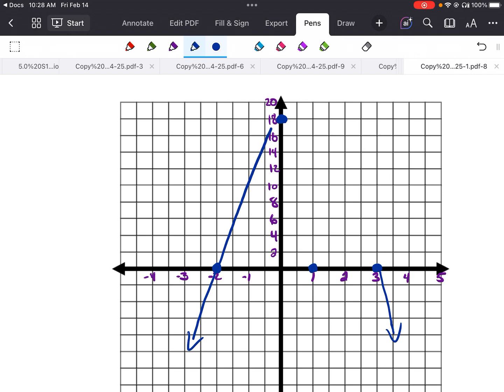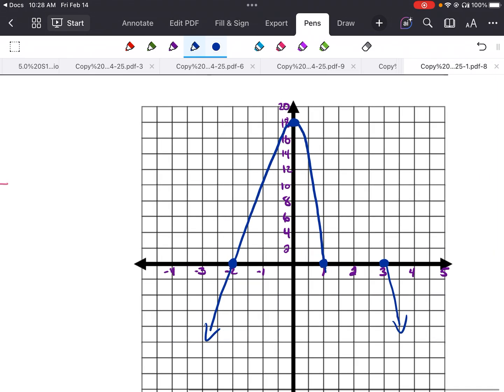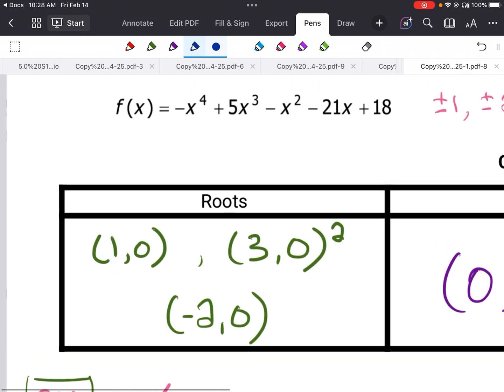So we can extend this line from -2 all the way up to our y-intercept because there aren't any x-intercepts in between -2 and 0. It will go straight down through our root at 1. And now this is the new part.